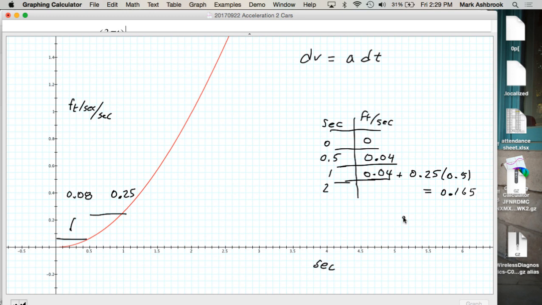Any questions on that? Yeah. Yes. Right. If we think of the rate of change as area, then acceleration is our rate of change.